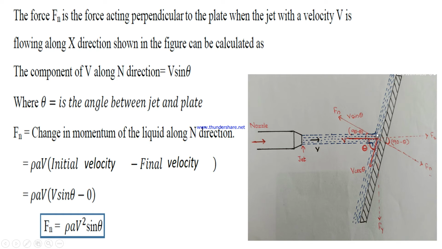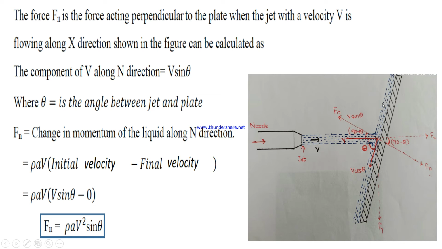All the water will flow along the plate, so the angle made by the plate and the jet of water is 0 degrees.